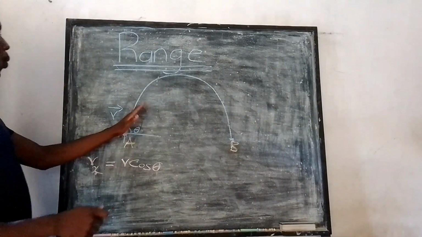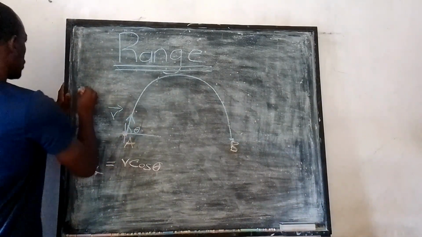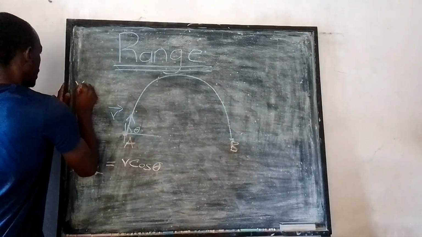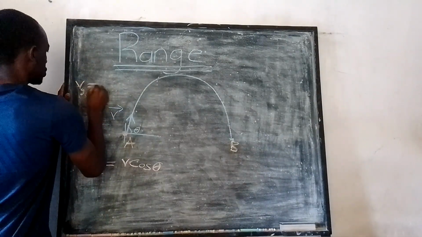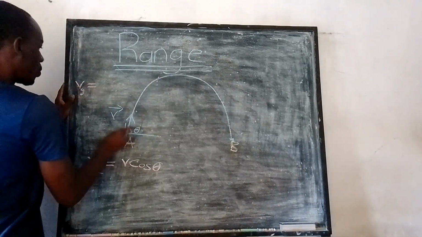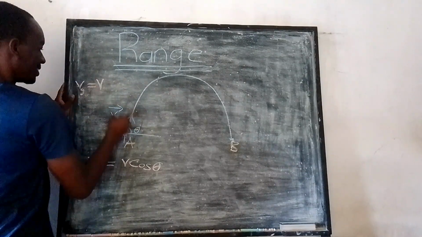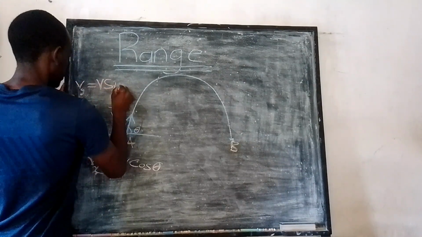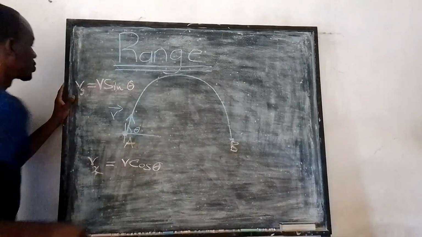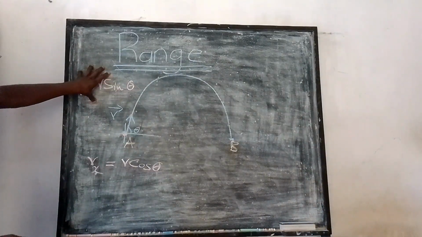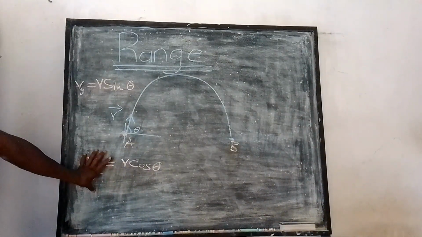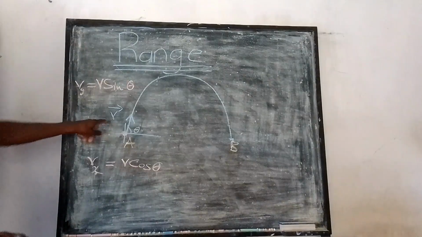And then we have the y component. Let's call this vy, following the Cartesian coordinate system. Vy is v sine theta. So this is the vertical component of this velocity, and this is the horizontal component of this velocity.